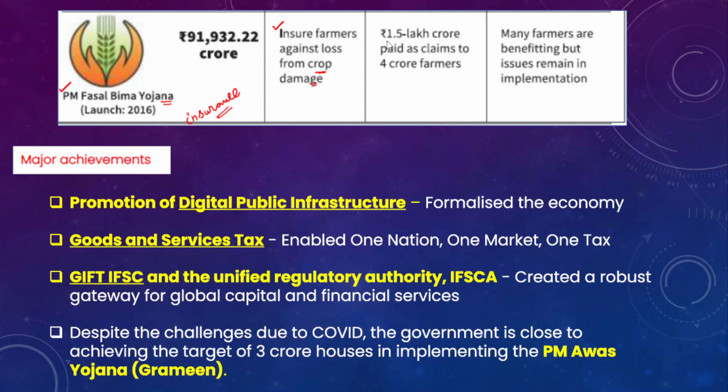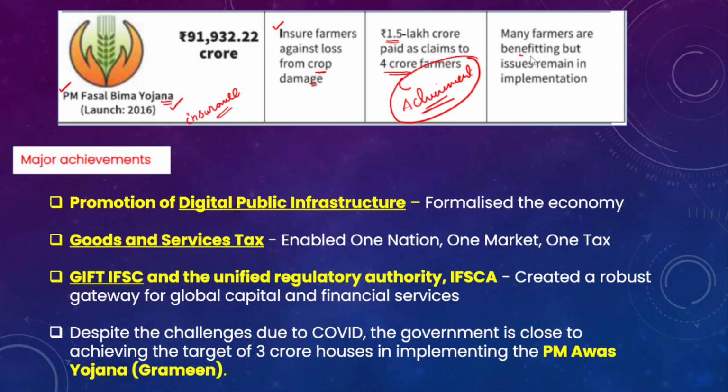So around 1.5 lakh crore paid as claims to 4 crore farmers, and this is a major achievement of the PM Fasal Bima Yojana. Earlier, there was no such scheme which is impactful or effective, covering most of the farmers. But because of the PM Fasal Bima Yojana, if crop failure takes place, farmers are getting the compensation or insurance amount.